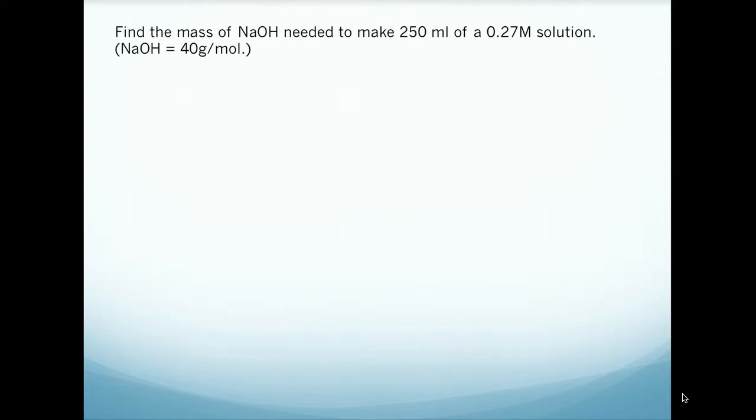Okay, another problem would be find the mass of sodium hydroxide needed to make 250 milliliters of a 0.27 molar solution. Okay, so GSP, what are our givens? 250 milliliters and a 0.27 molar solution. And it also gives us the molar mass of sodium hydroxide. What are we solving for? We're solving for mass.